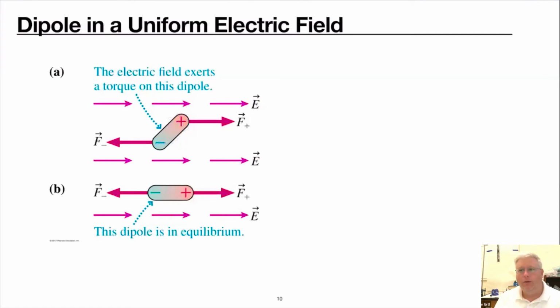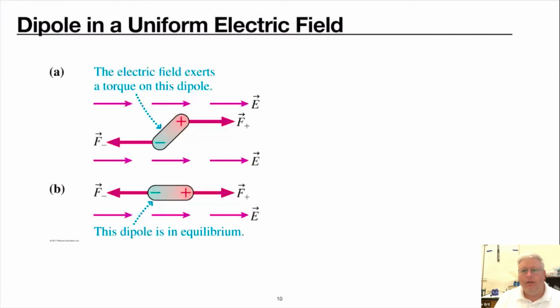They're one team, and so what happens if you place it in a uniform electric field is that it experiences a net force of zero, right? Because, all right, we see our electric field here is pointing from left to right. It's a uniform field, and so what do we know is going to happen? It's going to line up, okay?